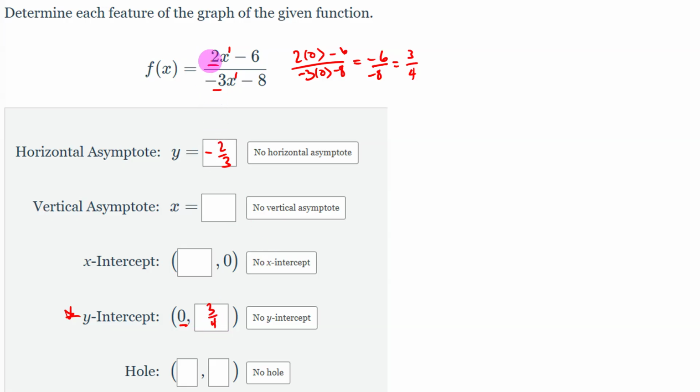Now we simplify. I'm going to get 2x minus 3 on top and negative 3x plus 8 on the bottom. So all we have is that x cannot be negative 8. That would make this 0.